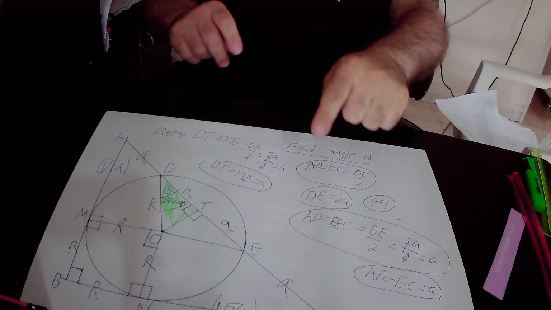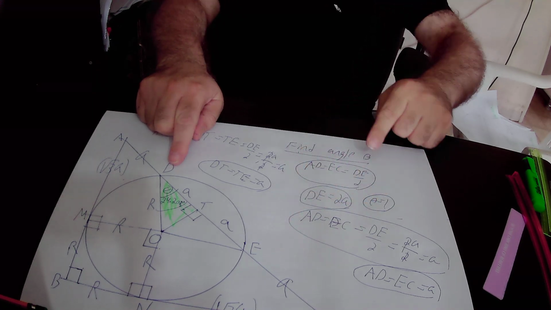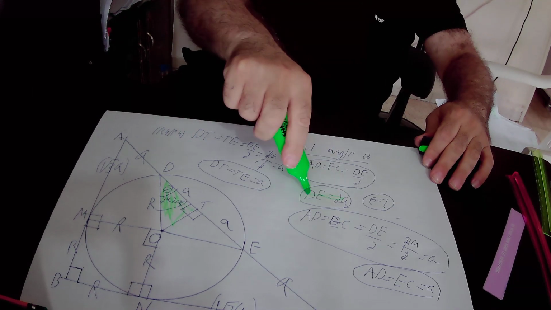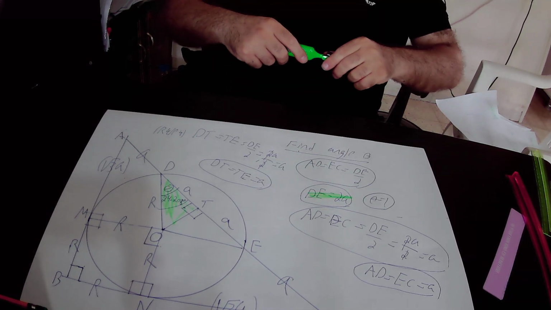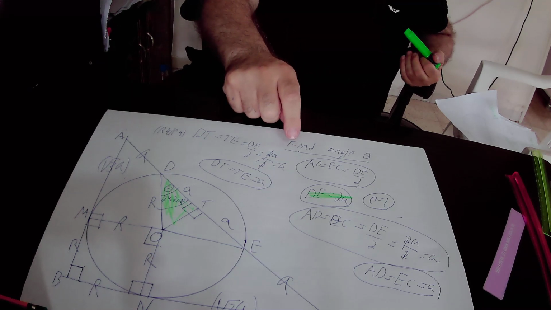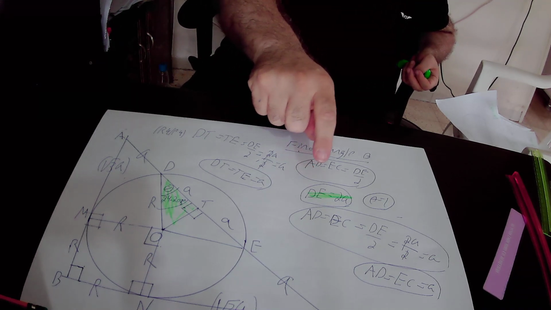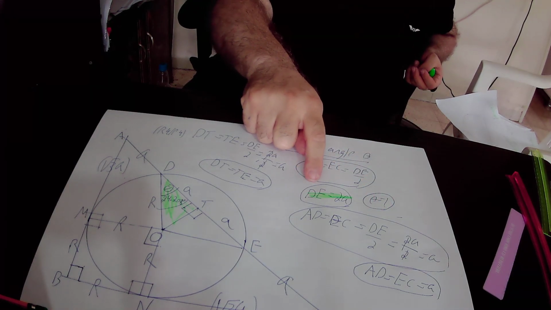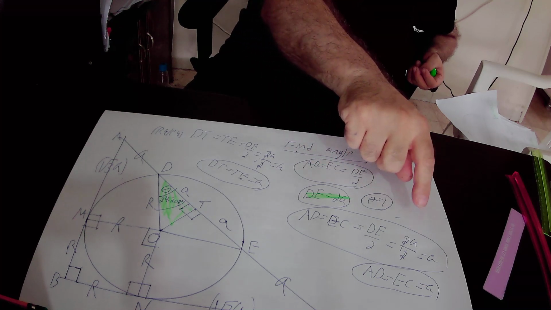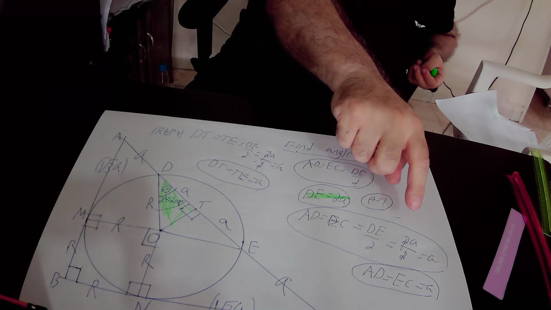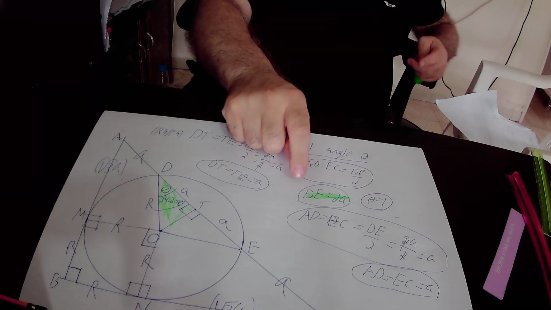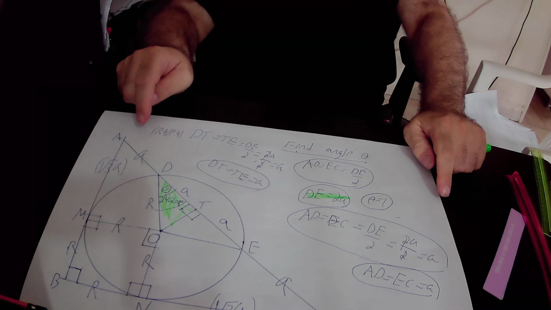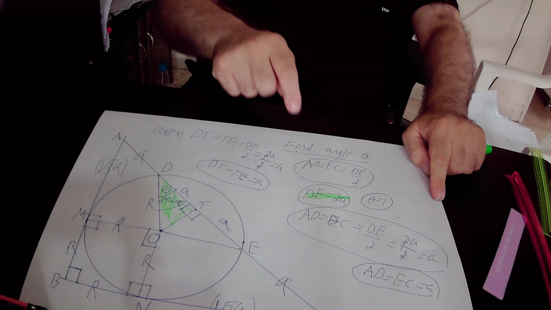We defined line segment DE as 2A, DE equals 2A according to our definition, so we can substitute DE by 2A. 2A over 2 is A. So in conclusion, we found out that AD equals EC equals A. That is to say, AD equals A and EC also equals A.